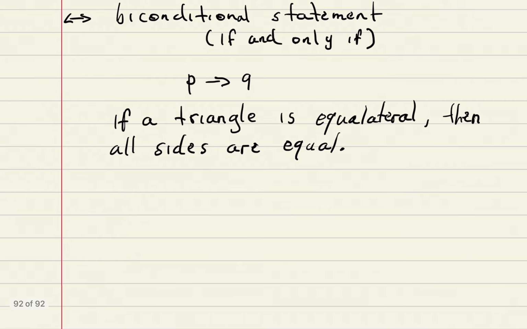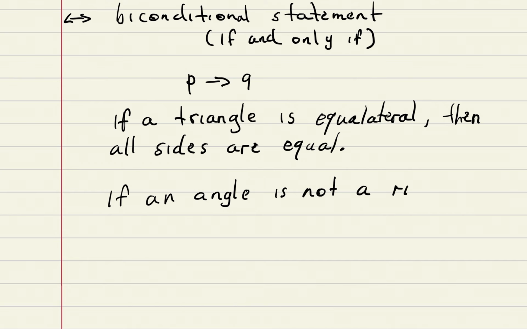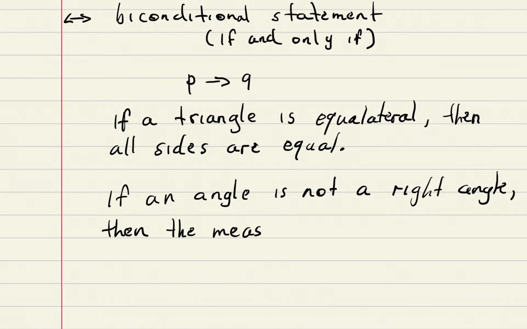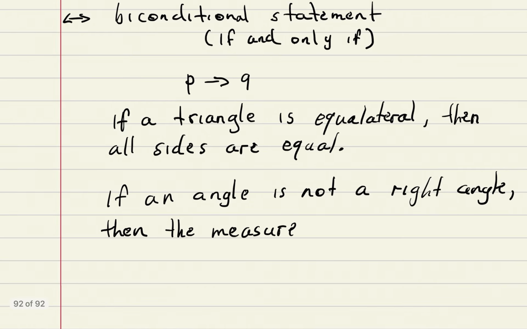So for instance, if an angle is not a right angle, then the measure is not 90 degrees.